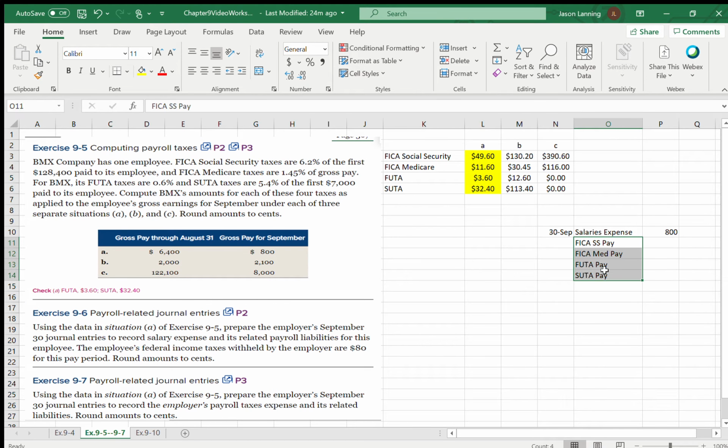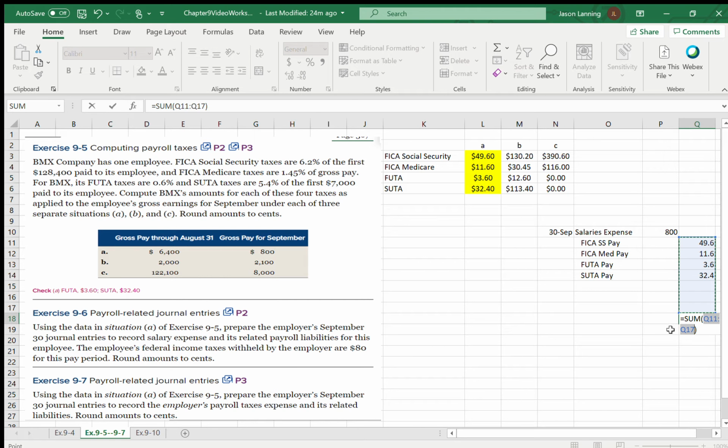And these are, remember, liabilities. We'll indent these. So our FICA Social Security, we just take it from up here, is 49.60. We have 11.60, 3.60, and 32.40. So if we total all these up, let's just do this down here and then we'll get rid of it just so we can see.